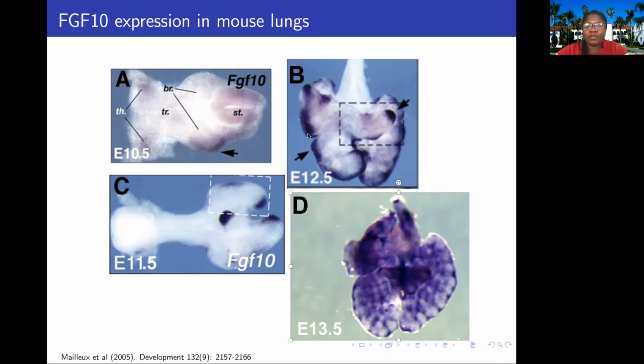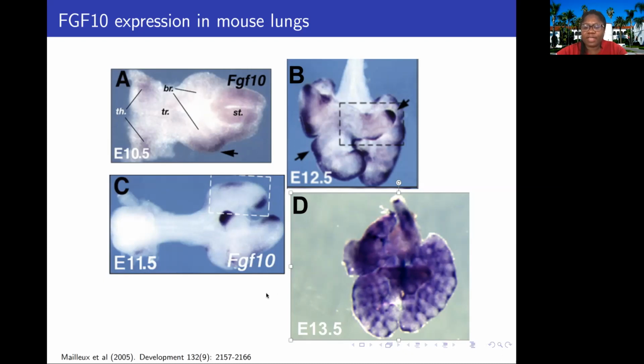Now, when we go to B, we can see the expression pattern of FGF10 at embryonic day 12.5. The patterning is very different from the expression pattern for FGF10 at embryonic day 11.5. We go to embryonic day 13.5, and we see that the patterns are even more different than what we had previously.